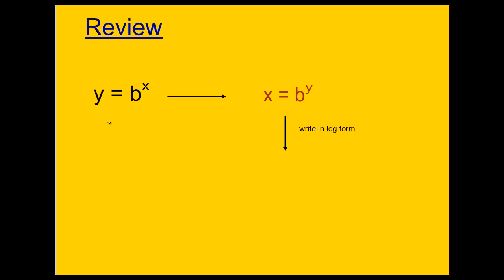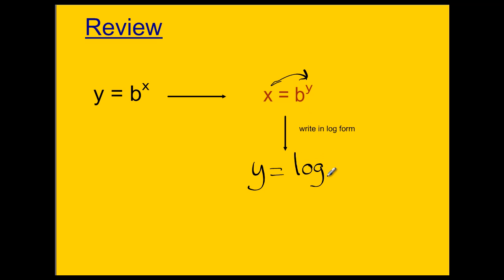So very quickly, if we are taking an exponential function and writing it as its inverse, we notice that we just switch the x and y around. The log form of the inverse looks something like this. Start with the exponent, y equals, followed by the word log.